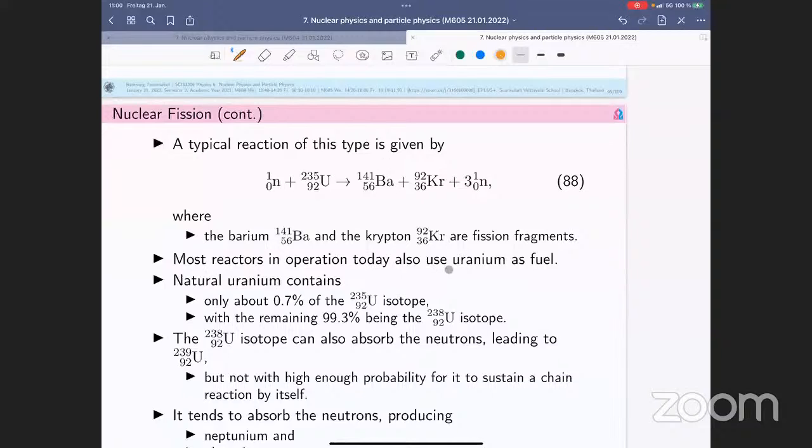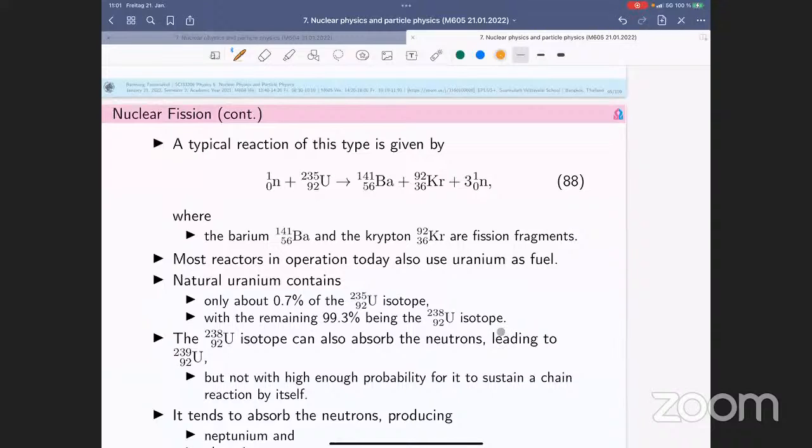Natural uranium contains 0.7% of uranium-235, which is a very tiny portion, less than 1%. And the remaining, which is 99.3%, is the uranium-238 isotope.